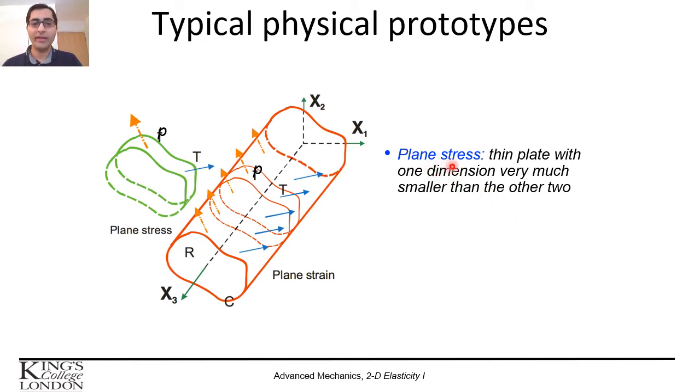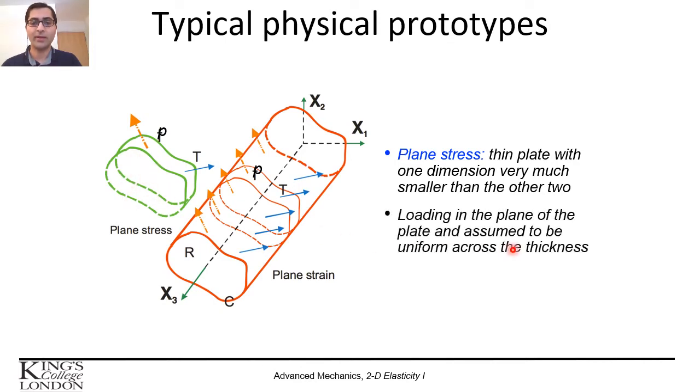So basically plane stress, thin plate with one dimension very much smaller than the other two. So you see that the thickness is very small compared to the other two dimensions of this thin plate. And loading in the plane of the plate and assumed to be uniform across the thickness.